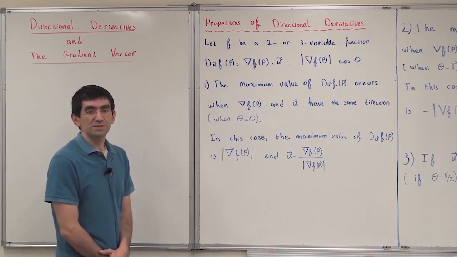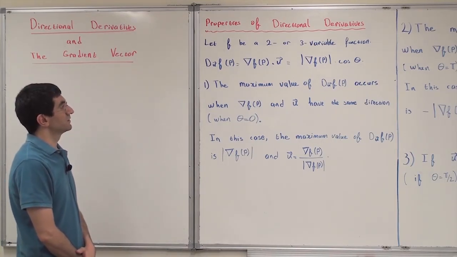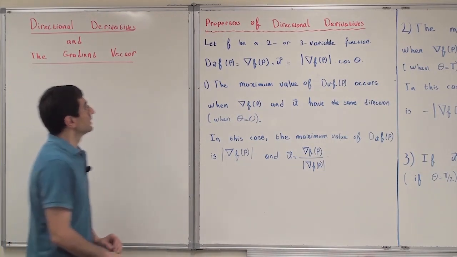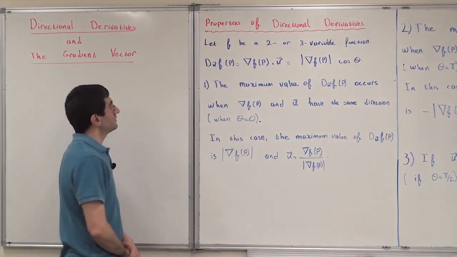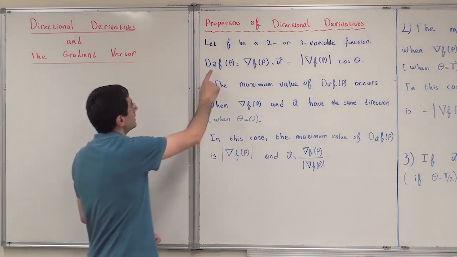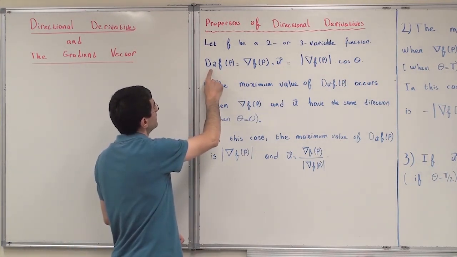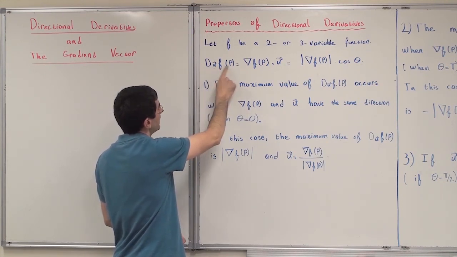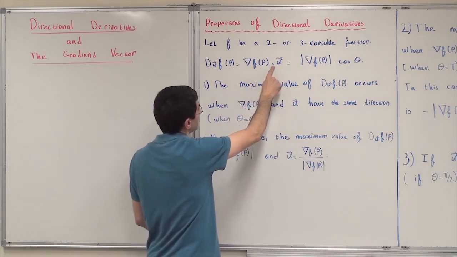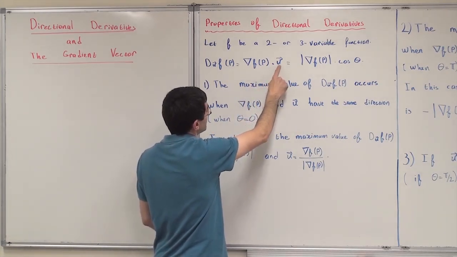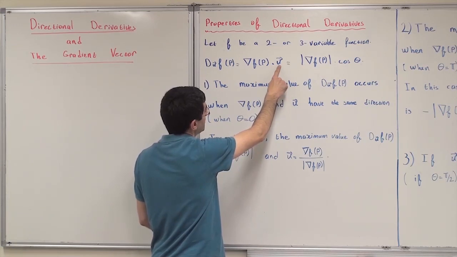We are going to finish this video with some properties of directional derivatives. So let's consider either a 2 or 3 variable function. Now we have seen that the directional derivative of f in the direction of the unit vector u at point P is the gradient of f dot product with the direction vector.